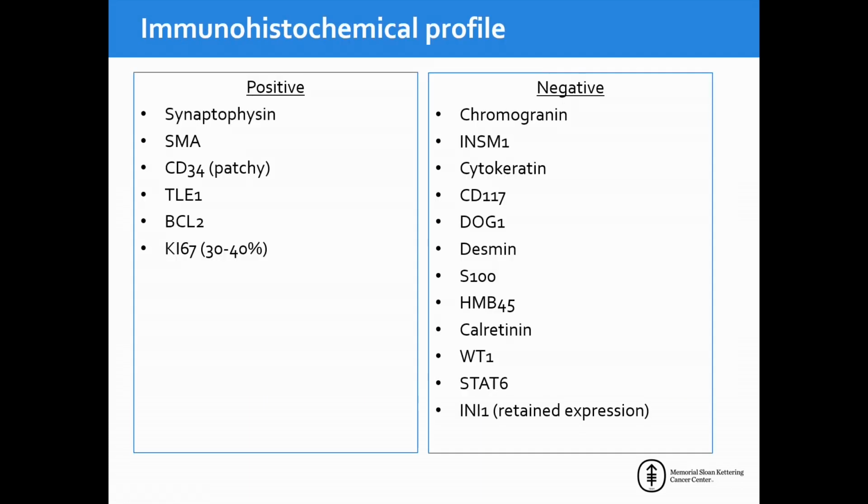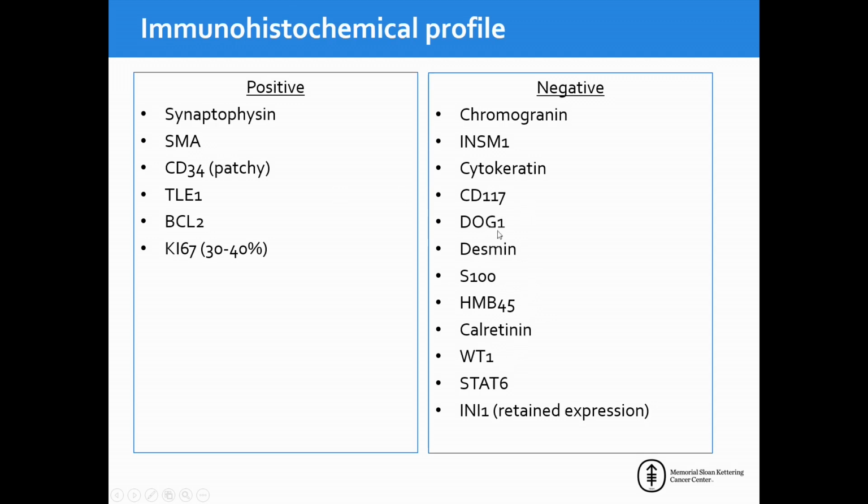So this was the immunoprofile. Again, a slightly conflicting immunoprofile with TLE1, synaptophysin, a patchy CD34, and strong SMA positivity. We had then done other markers, HMB45 and STAT6, which ruled out a solitary fibrous tumor and a PEComa.